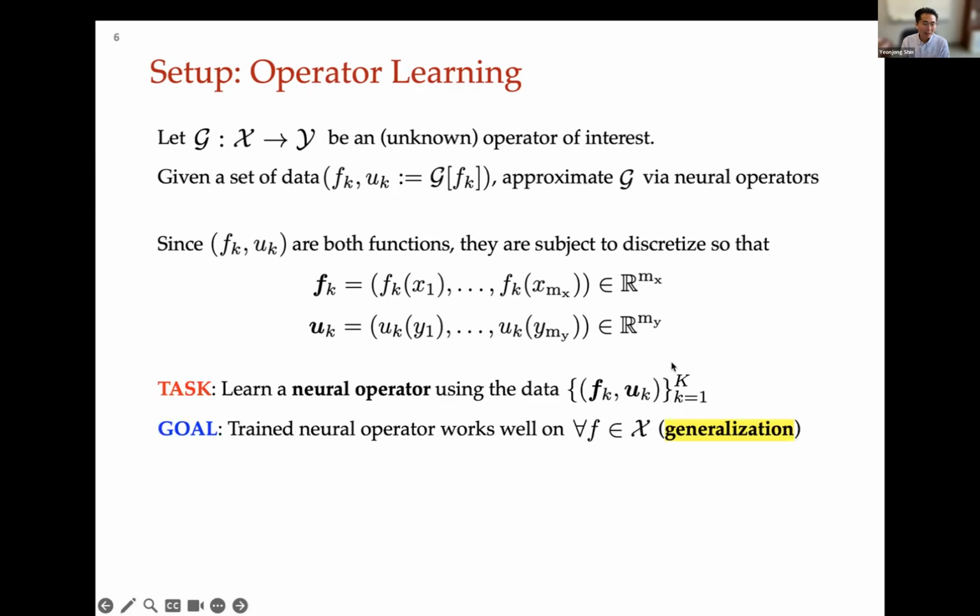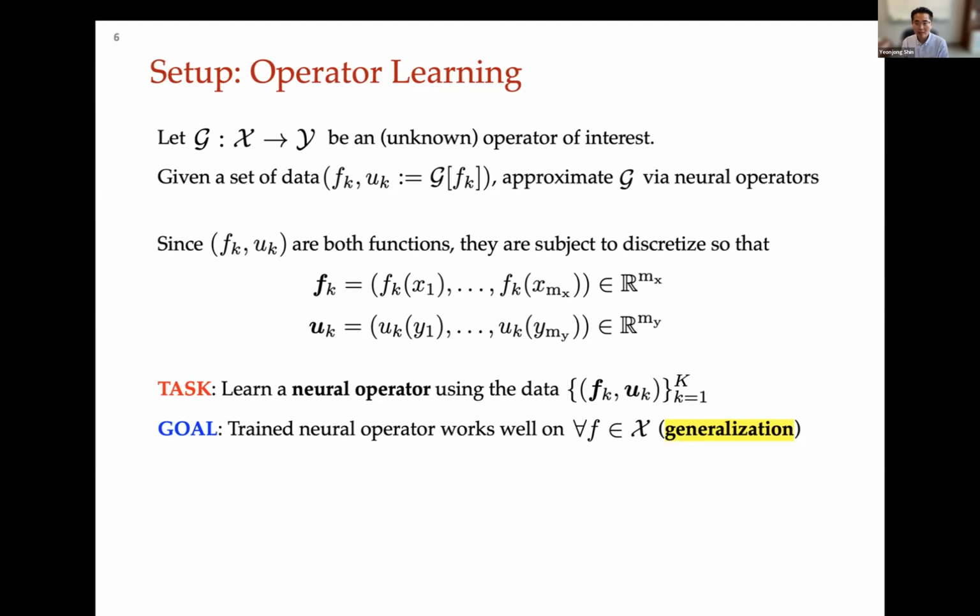And the learning task is to learn a neural operator using those data. But what we really want is a trained neural operator that works well on the class of functions in a reasonable way. That corresponds to generalization.